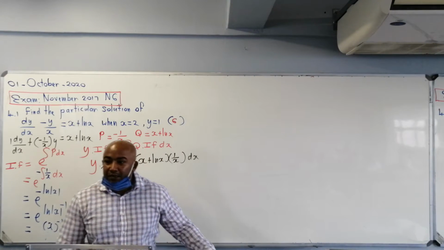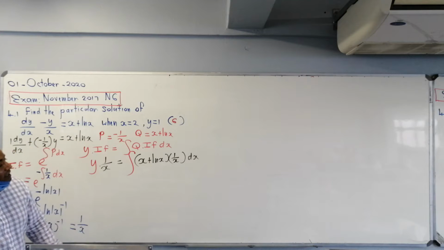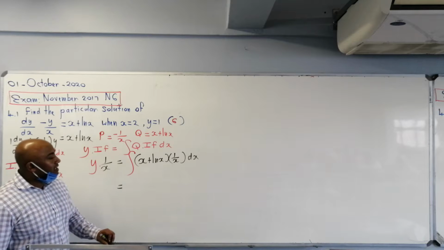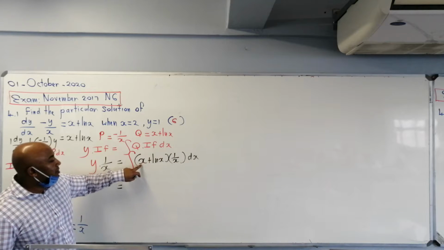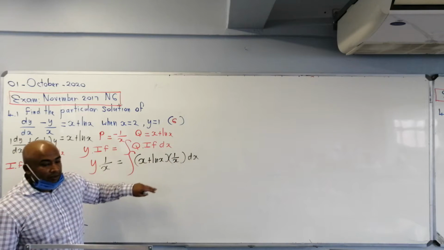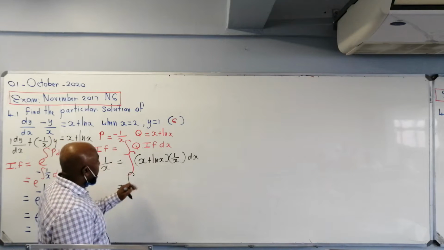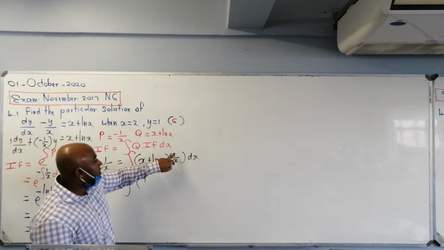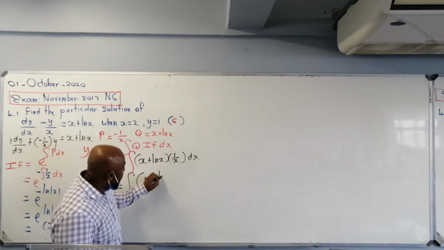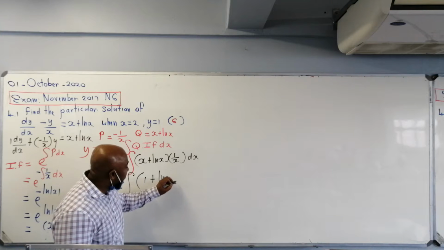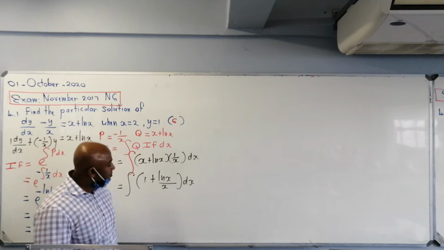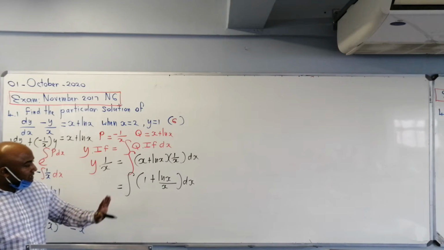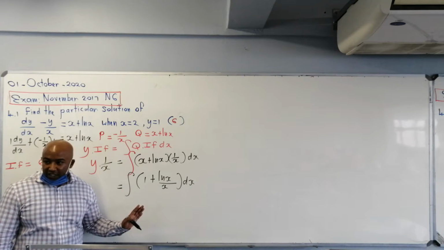We simplify as far as possible, and then we can integrate. So on my right hand side, I multiply 1 over x by term 1 and 1 over x by term 2. So x times 1 over x is 1. Ln x times 1 over x is just ln x over x. Alright, so that's as far as we can go with simplification.